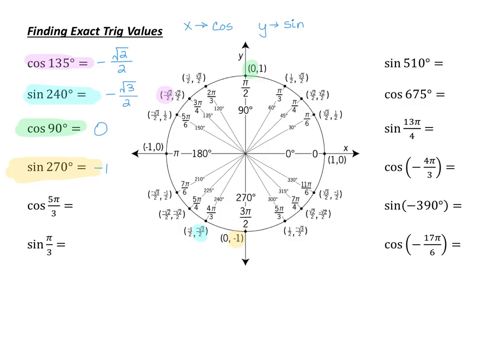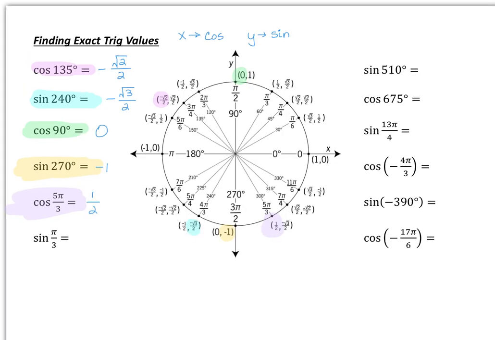Now nothing changes when you're looking at radians instead of degrees. 5 pi over 3 is less than 2 pi, so I can find that angle on the unit circle. I'm asking you for cosine. Cosine is your x values. And so in this case, cosine of 5 pi over 3 is positive 1/2.